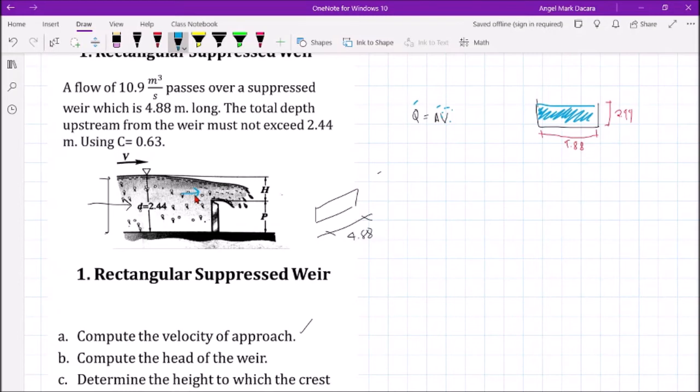So if we compute the velocity of approach, the discharge is 10.9 cubic meters per second.